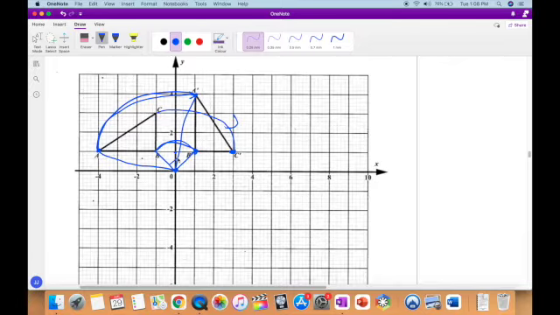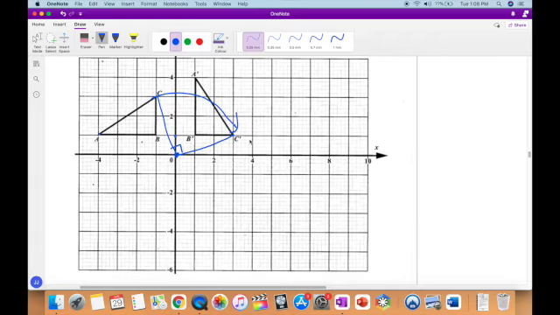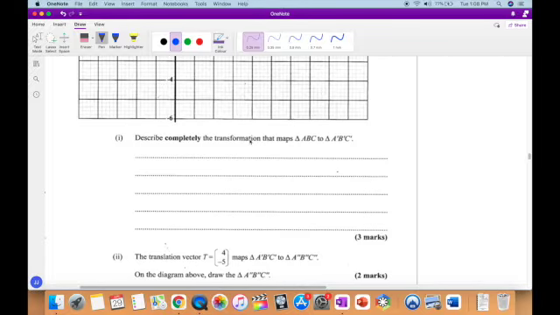And we could see that this rotation for B looks like 90. The rotation for A looks like 90. And if we look at C from the origin, that looks like 90. So I could say here now that from the origin being the center, we rotated this 90 degrees clockwise.